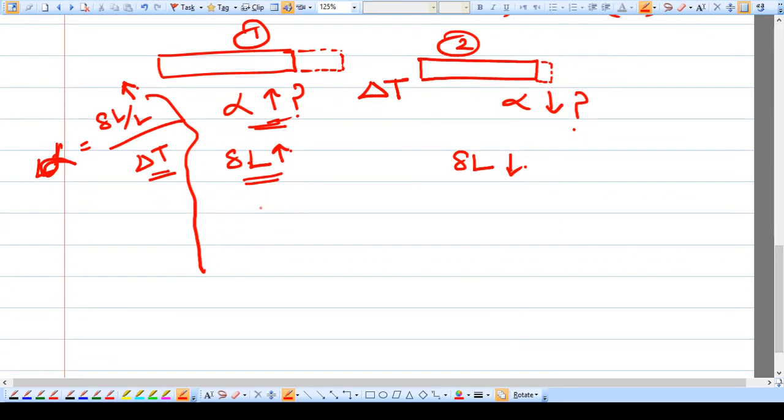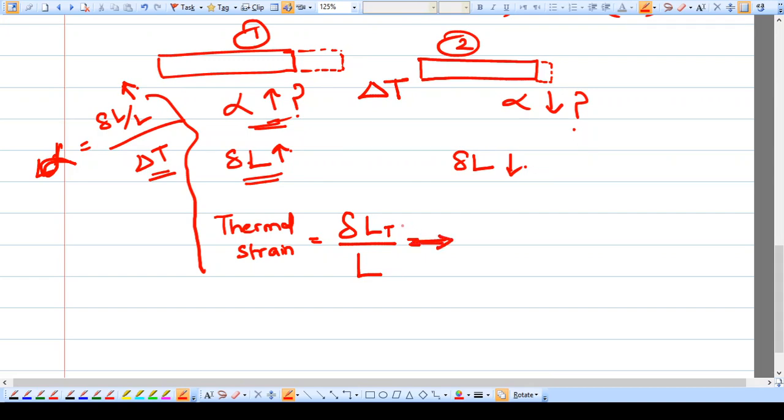Due to the thermal stress, there will be a thermal strain. Thermal strain can be calculated as the change in length due to the temperature change divided by the original length.